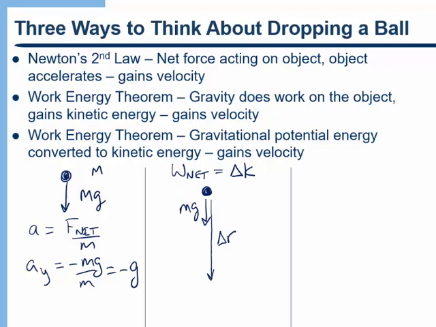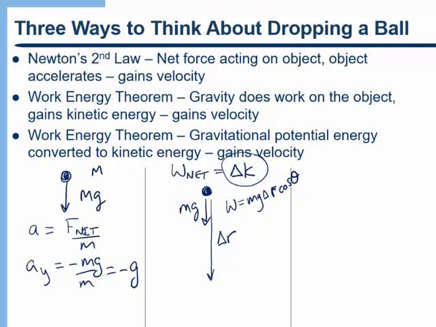So as gravity does work, mg delta r cosine theta, we gain kinetic energy. So that would be the second way to look at it.